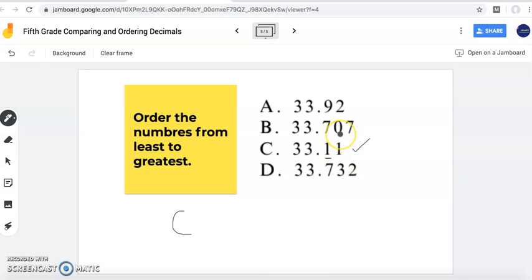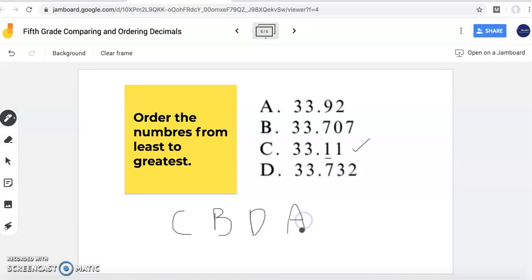So right away, wow, 0 hundredths is definitely less than 3 hundredths. So B would be next, and then D. And now I'm going right back to A, because I remember from before that 9 tenths right away, that's got to be my largest number. So that's going to be my last number here.